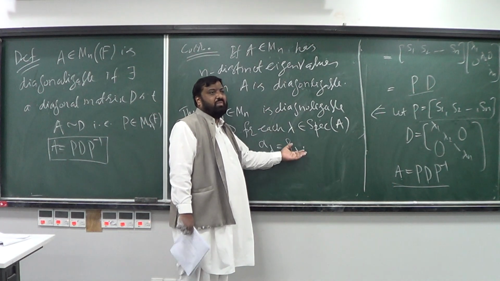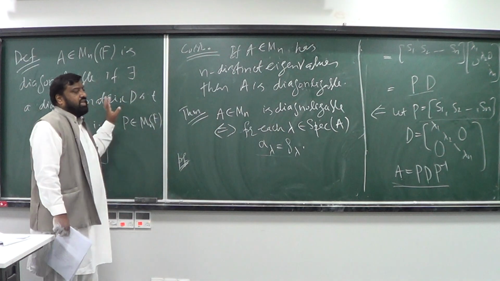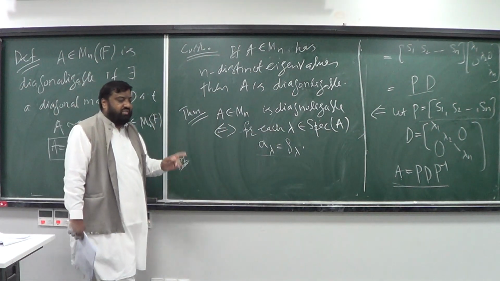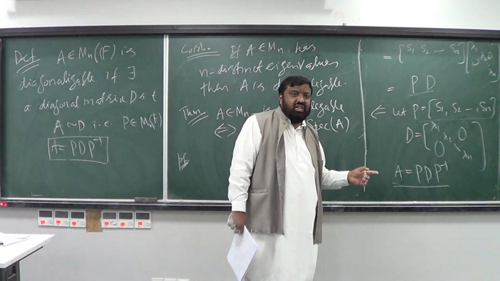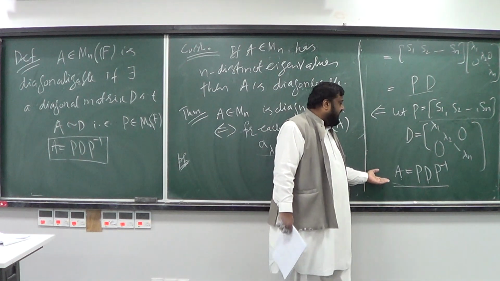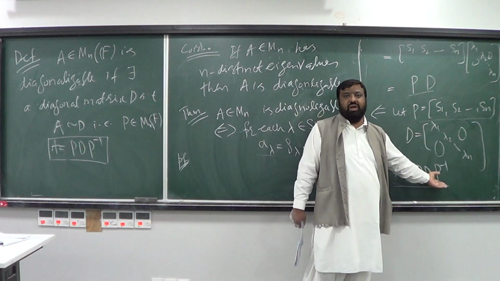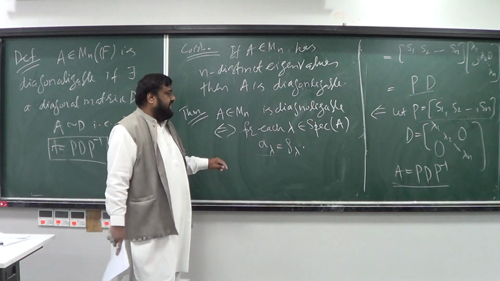And the last theorem told you that if there are eigenvectors constituting a basis for Fn, you can diagonalize the matrix. You can write the matrix in such a form. So the converse of this we have already done.